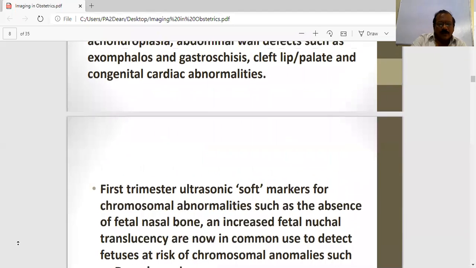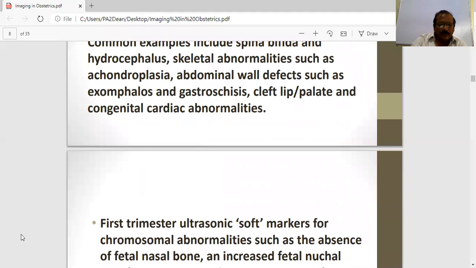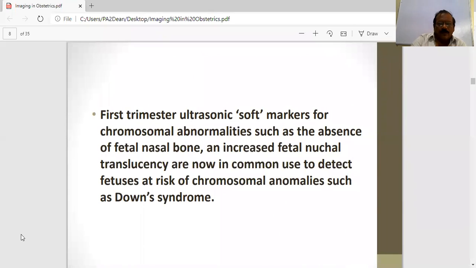First trimester ultrasound. Soft markers for chromosomal abnormalities, such as absence of fetal nasal bone and increased fetal nuchal translucency, are now in common use to detect features at risk of chromosomal anomalies such as Down syndrome.